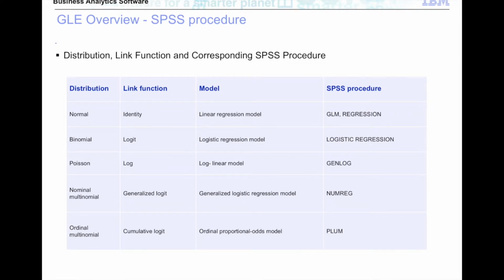SPSS GLE algorithms are developed from the SPSS GENLIN procedure, with additional support for model selection, two-way interaction detection, and big data capabilities in distributed environments, such as Hadoop and Spark. GLE is a unified statistical framework, which covers some corresponding procedures in SPSS Statistics shown in the table. For example, GLE binomial distribution with logit link function is a logistic regression model.